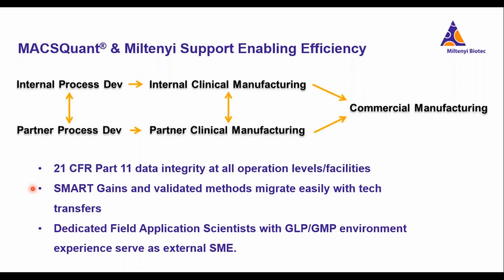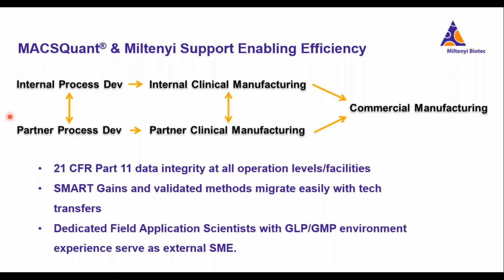And also, in thinking about how we enable those efficiencies, you may have your internal process development and partner operations. As we see with a lot of organizations, you're working with either contract organizations or partner organizations that you're collaborating with. And you need to have a platform that you can seamlessly work between internal groups as well as external groups.